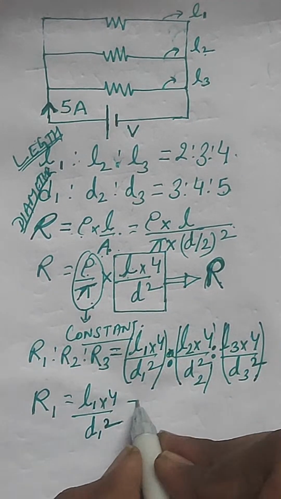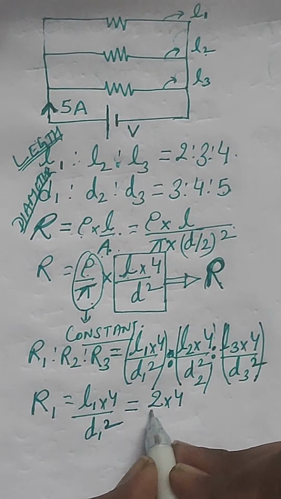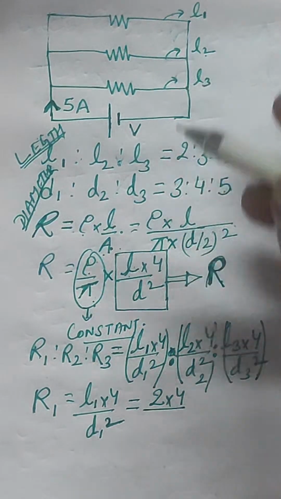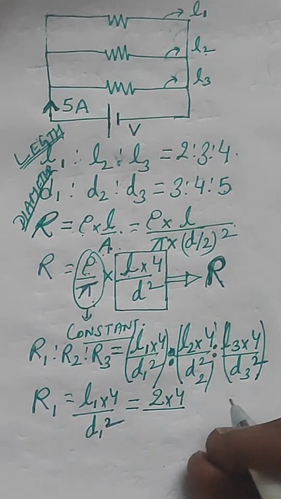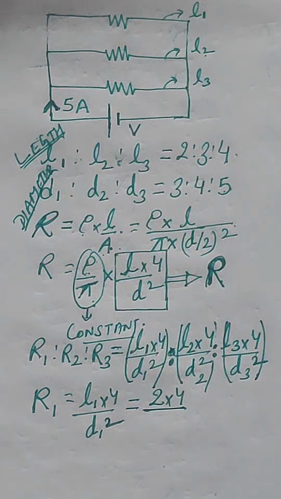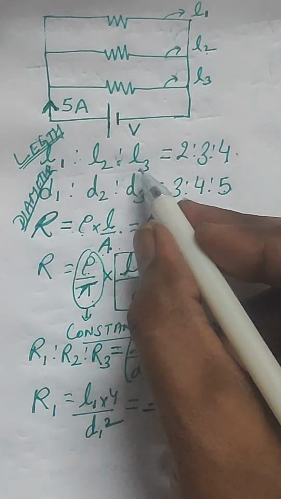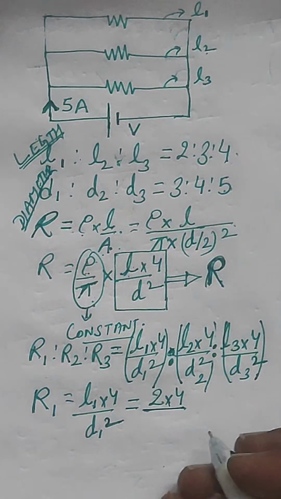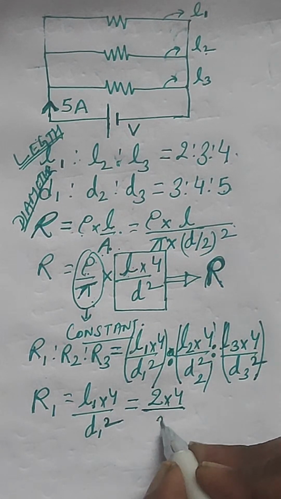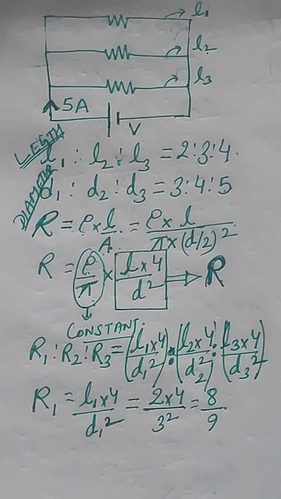These wires are made of the same material, so the resistivity will be the same for all three branches. Because the length ratio L1, L2, L3 is given as 2 is to 3 is to 4, this will be 2 into 4 by D1 square. D1 square is nothing but 3 square, which is 8 by 9.